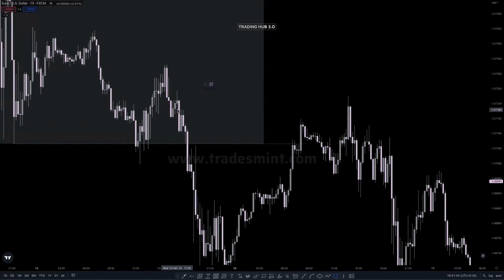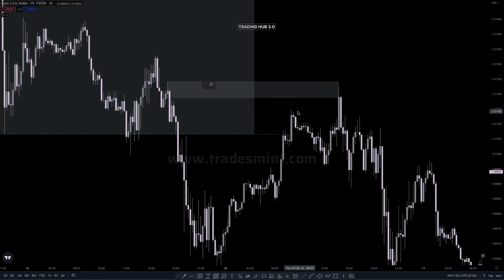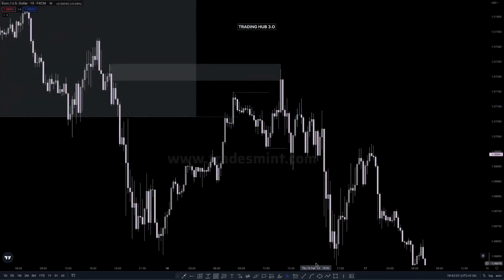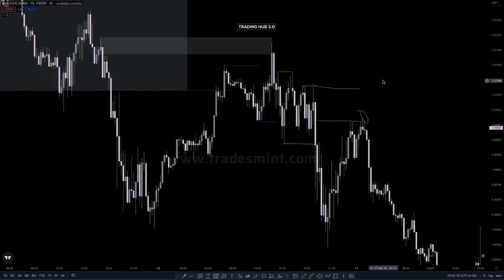The market mitigated this unmitigated order block, and then this last swing structure was broken, which became our CHoCH. You can find a PY here, for example, this one: equal highs, sweep of this high, broken structure, again PY here. Here you can sell, as per the plan.